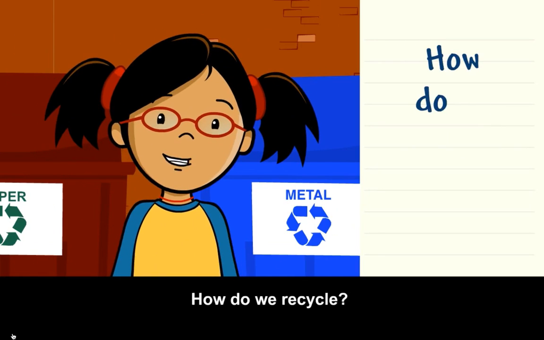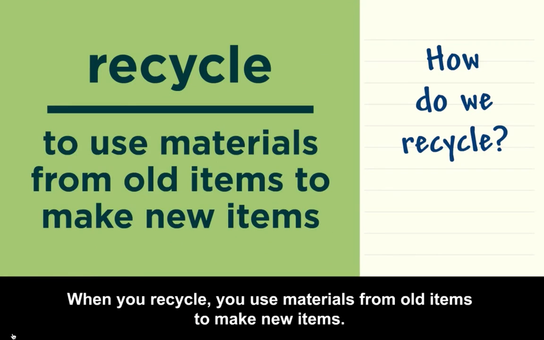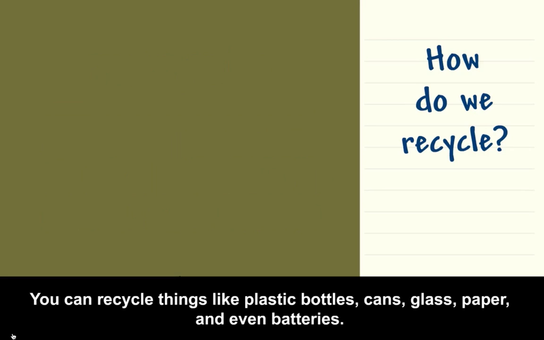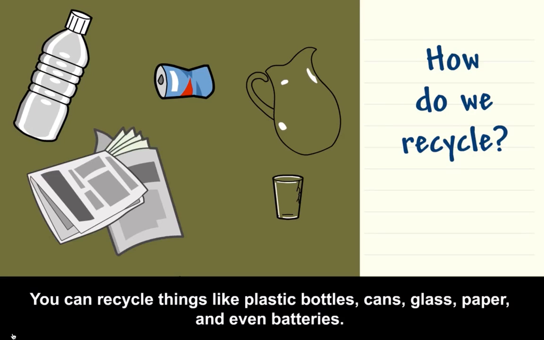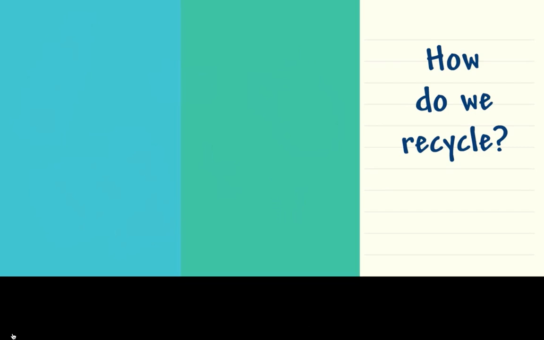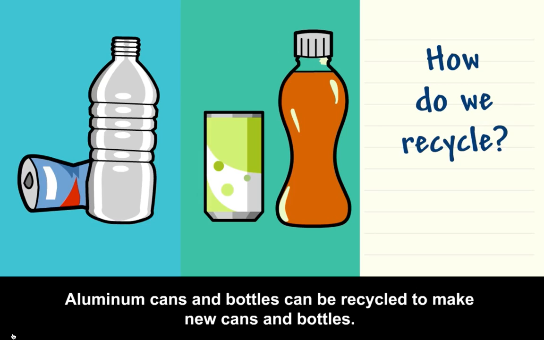How do we recycle? When you recycle, you use materials from old items to make new items. You can recycle things like plastic bottles, cans, glass, paper, and even batteries. Aluminum cans and bottles can be recycled to make new cans and bottles.